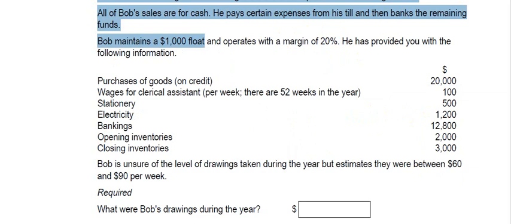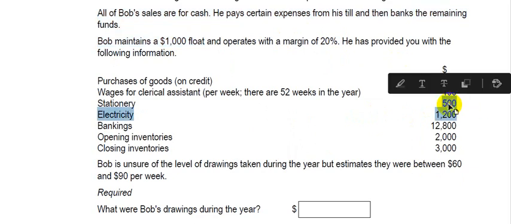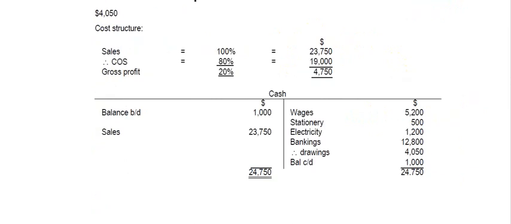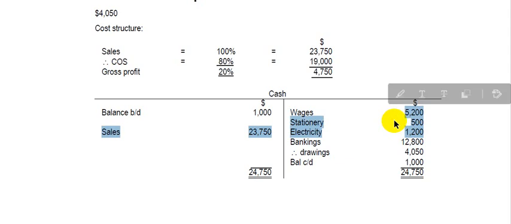Stationery and electricity are one-off payments of 500 and 1,200. We bring those on our credit side.